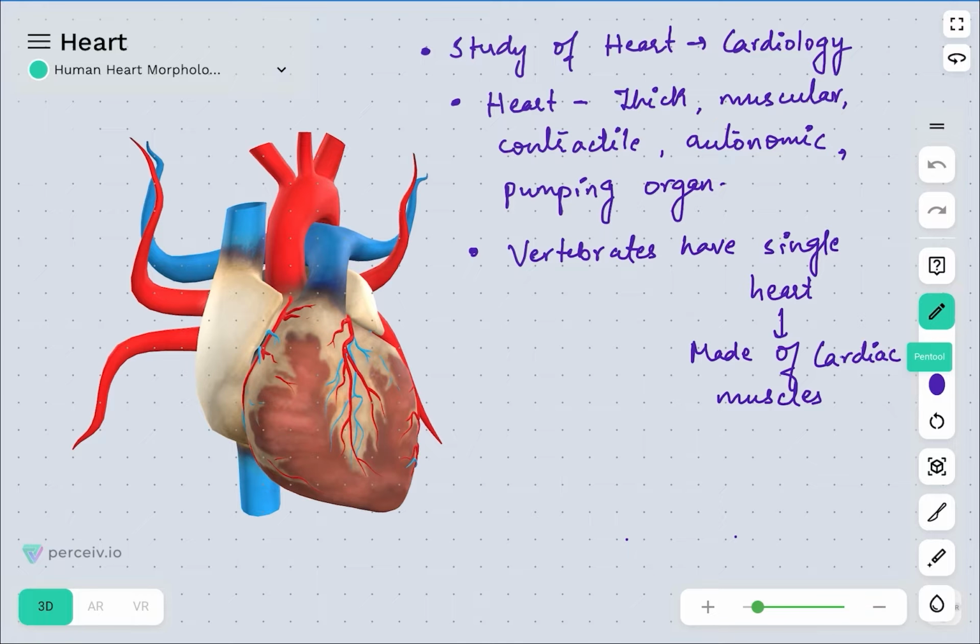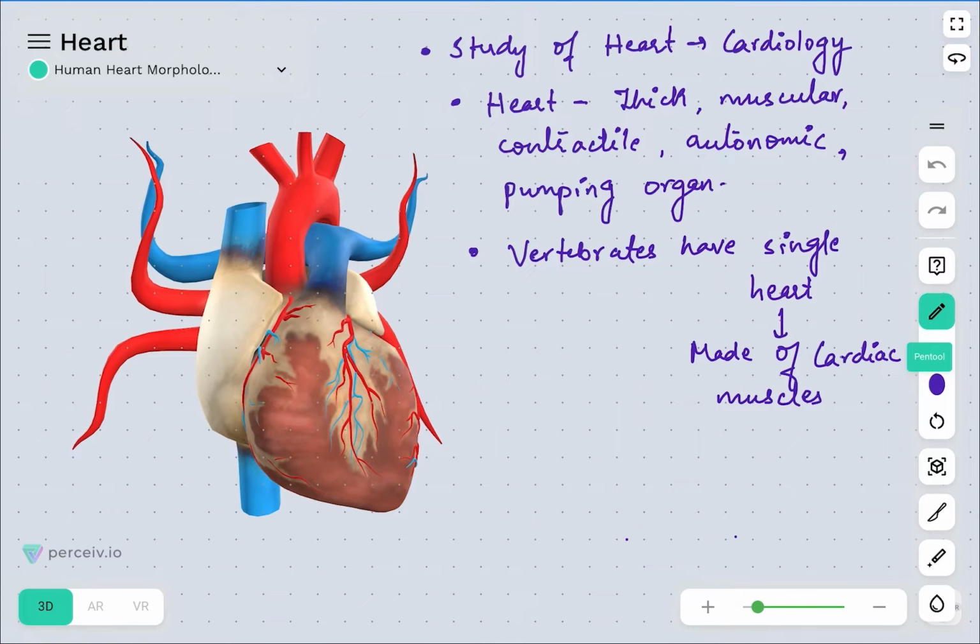Now, the heart has a very unique ability of pumping blood to different parts of the body. It receives impure blood, and then it pumps pure blood also. All these things are there.